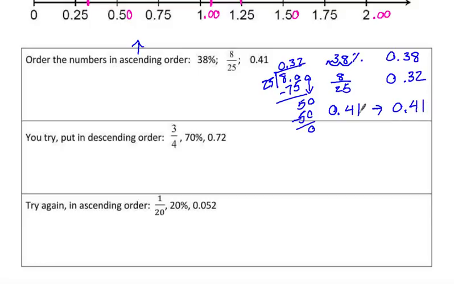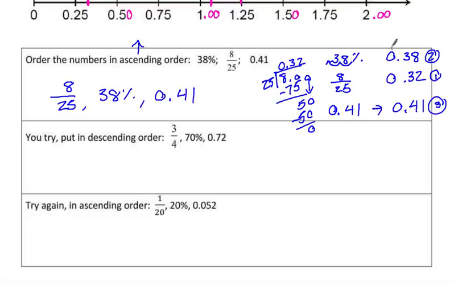0.41. Now ascending, I went least to greatest. 0.32 is the least one, then 0.38, and then 0.41. But you always have to make sure you put it back into original form. So if I go across, that's really going to be 8 over 25 first, then 38%, and then 0.41.